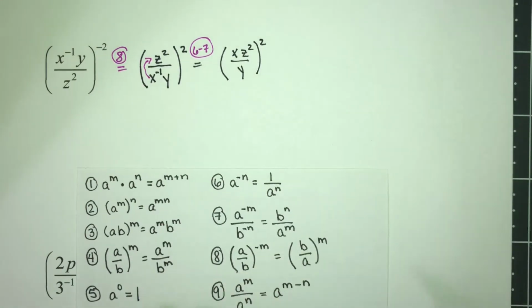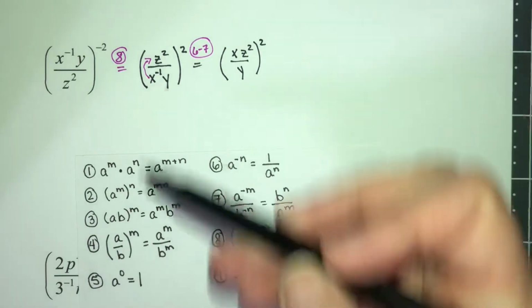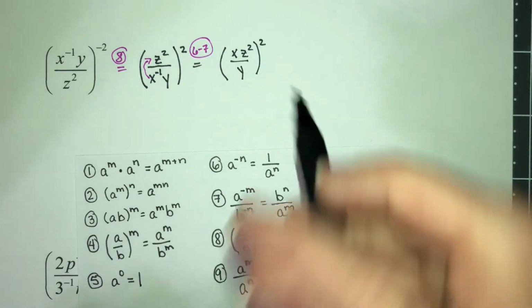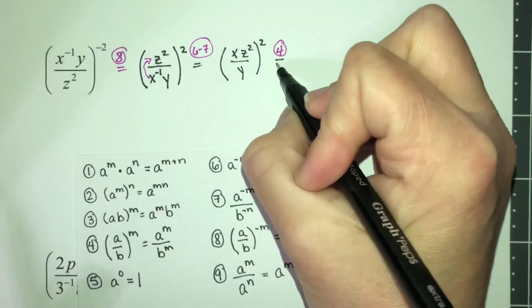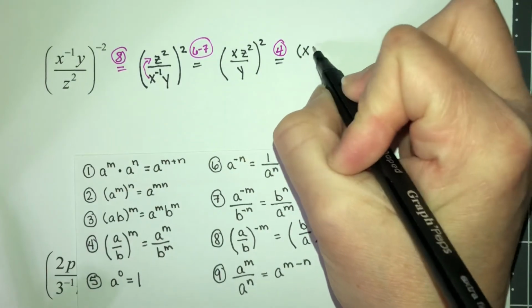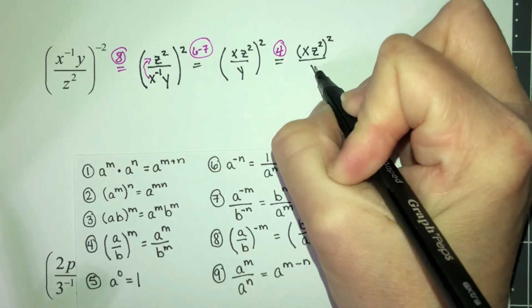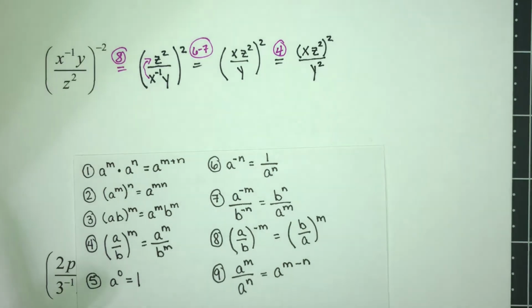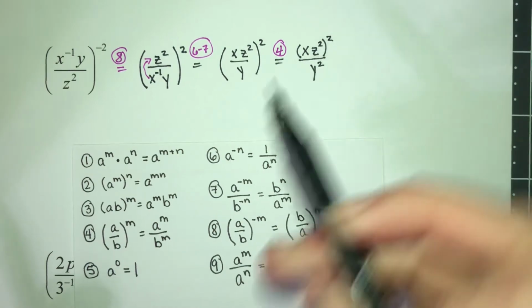Now we have a problem like the ones we did in 5.1. I'm going to take this outer square and apply it to the top and the bottom. This is property number 4. Now that denominator is as nice as it's going to get. Now we can take this 2 and apply it to both of these using property number 3.